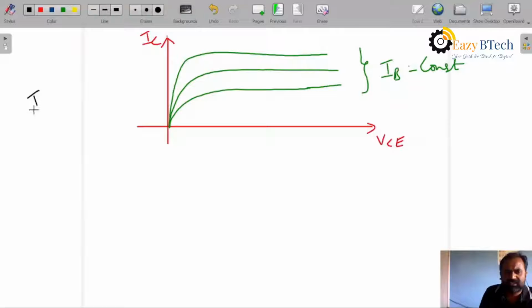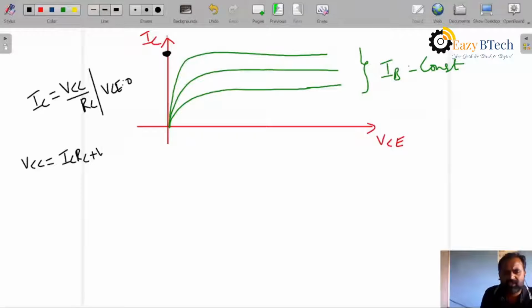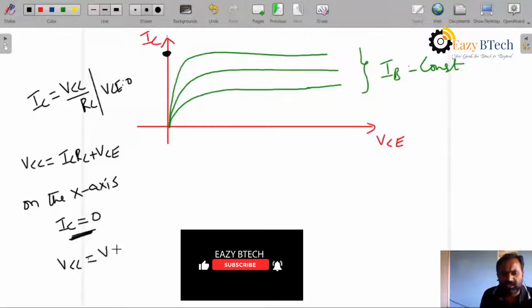From this graph, IC is equal to VCC by RC by keeping VCE 0, at this point. Now from equation 1, VCC is equal to ICRC plus VCE, on the x-axis IC is 0. By substituting this, we get VCC is equal to VCE at this point.